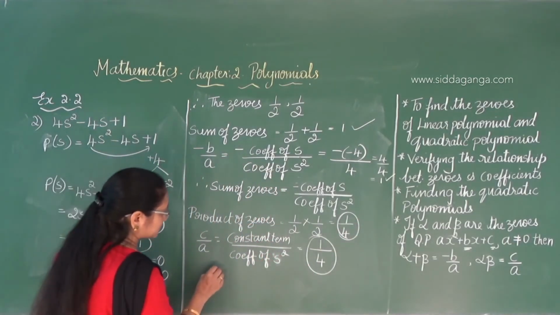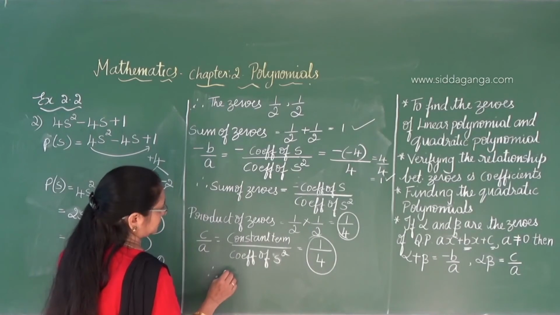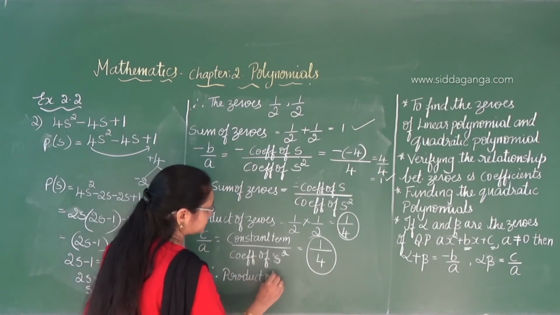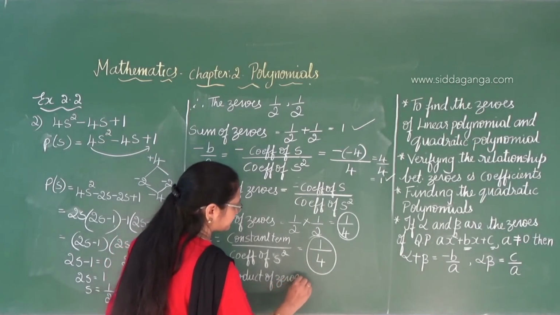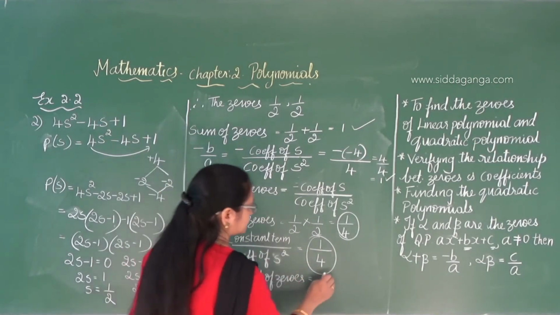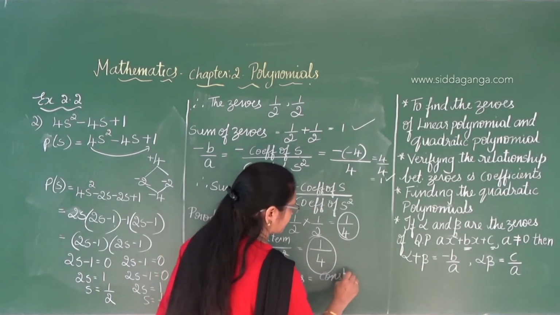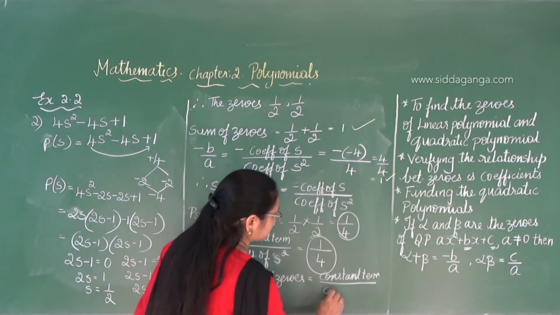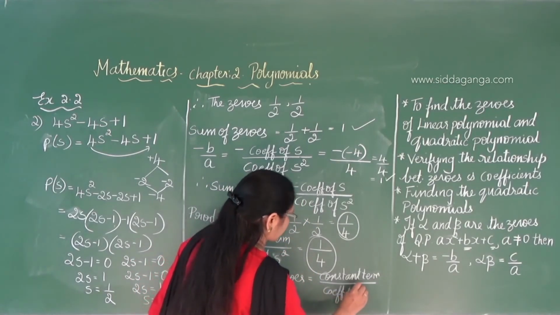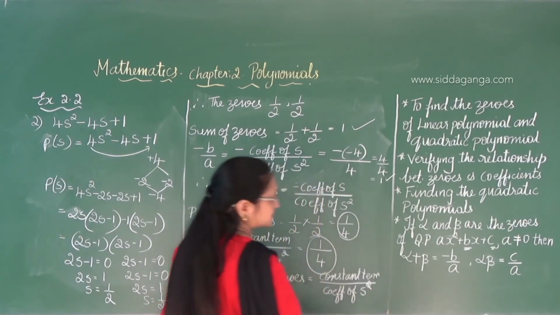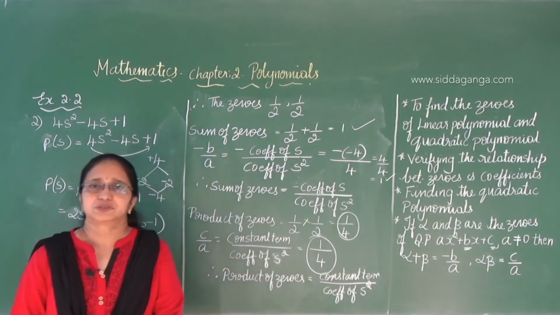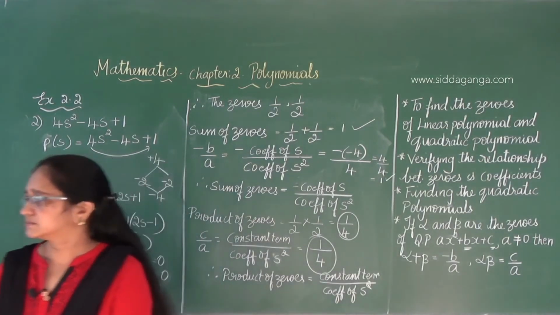So, can I come to the conclusion that product of zeros is equal to constant term divided by coefficient of s square, hence verified. So, this is how you have to do. Shall we proceed for the third one?